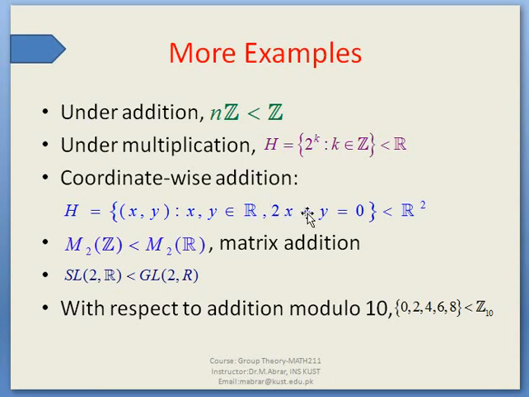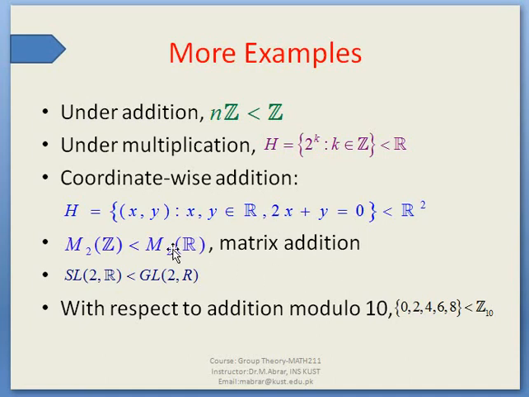Here 2x plus y is 0. It's the set of all ordered pairs which satisfy 2x plus y equals 0. That is, it's a straight line passing through the origin, and it becomes a subgroup of R², that is the xy plane, and the operation is coordinate-wise addition. Quite interesting.